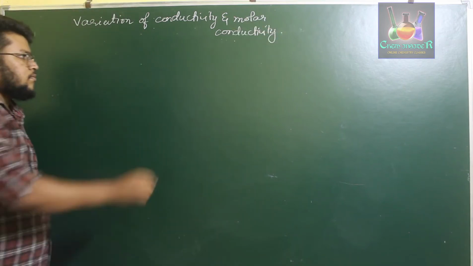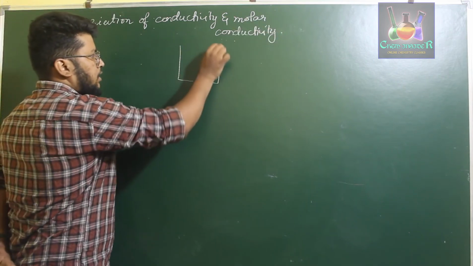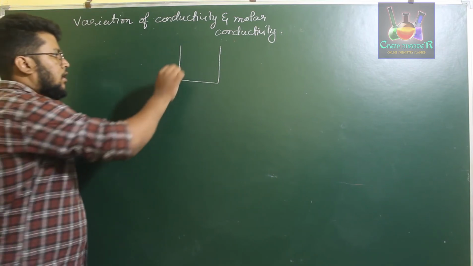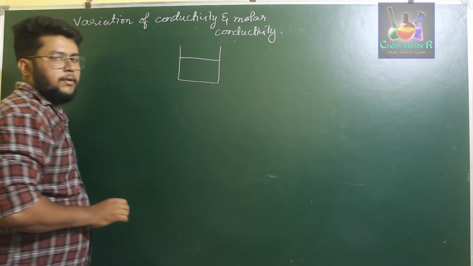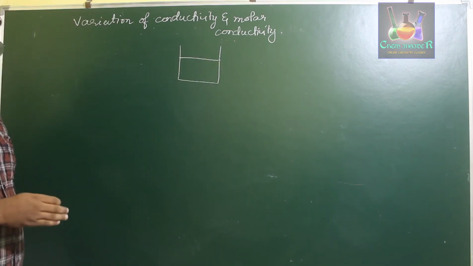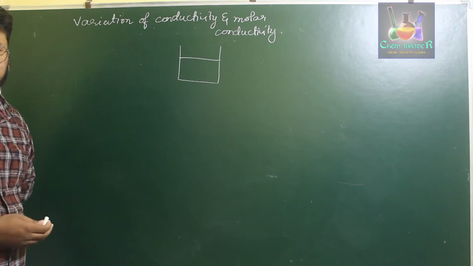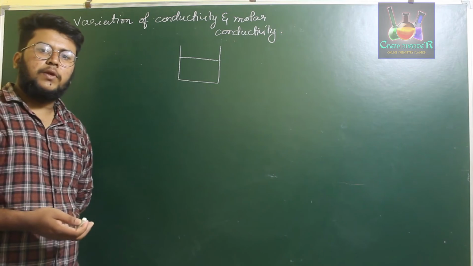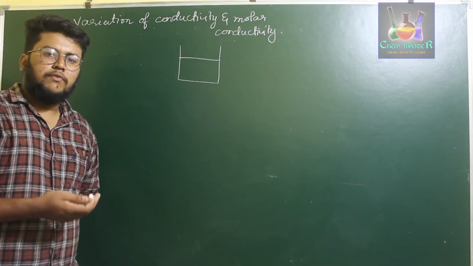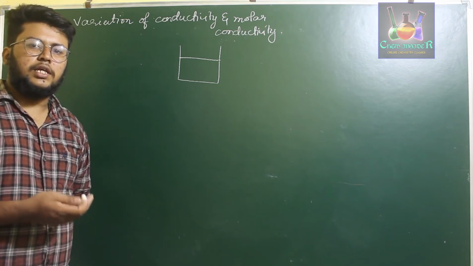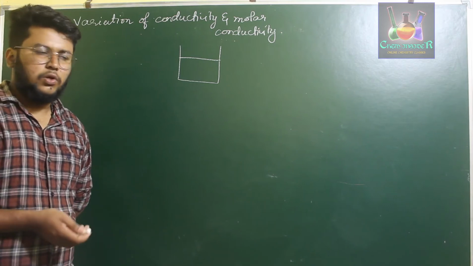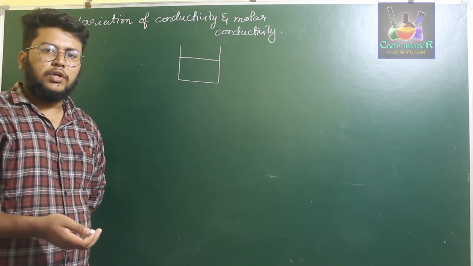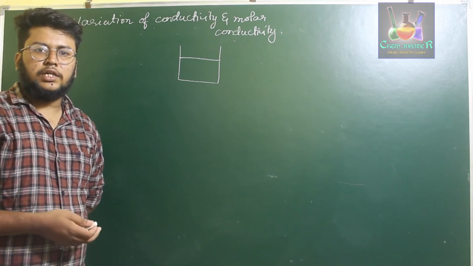If you consider a beaker with a certain type of electrolyte, maybe weak or strong, there will be a certain amount of ions present in it. We know that the more ions present, the more the conductance. If the number of ions in the solution is less, conductance will be low. Therefore, strong electrolytes conduct more electricity, whereas weak electrolytes conduct less.